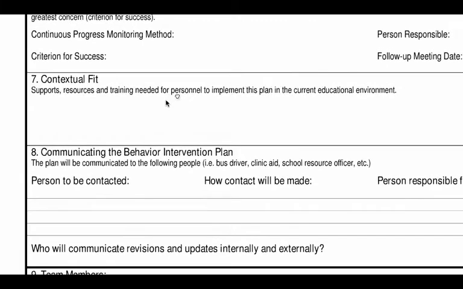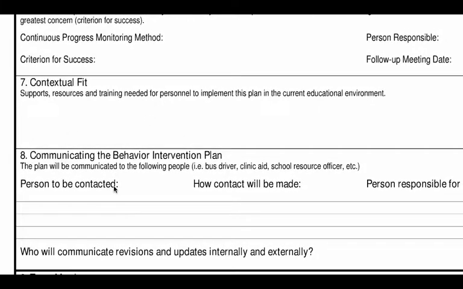The next thing you're doing in the plan is identifying whether or not the plan is a cultural fit. I've already spent a fair amount of time discussing this, and you want to make sure that the plan is sensitive to the culture in which the plan will be implemented.